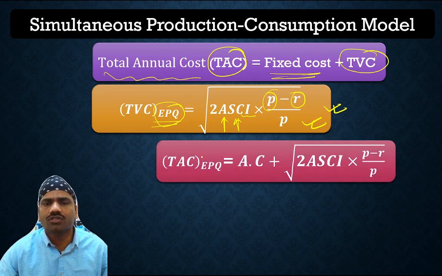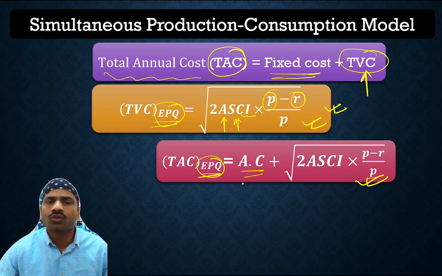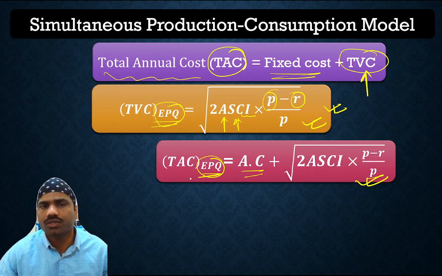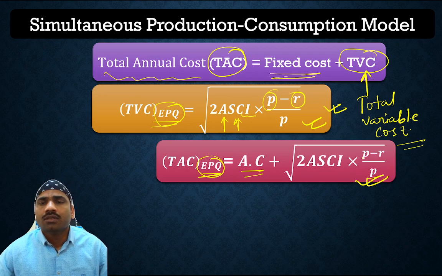The total annual cost at EPQ will be A into C plus the total variable cost, and the total variable cost is nothing but the square root of 2 into A S CI into P minus R by P. By this formula we can find the total annual cost, and by this formula we can find the total variable cost. So we can find the total annual cost and total variable cost by making use of these formulae.